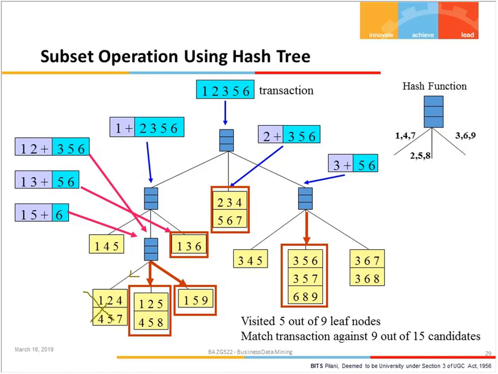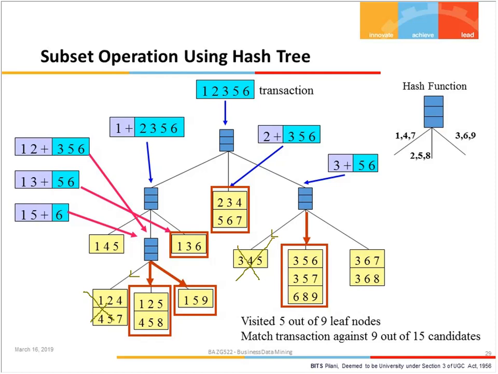Then 3, 5, 6 we come this side, so this need not be done because 5, 6 cannot come into this branch, because only 4 or 7 can come this way. Then this branch we have to come because 5 is occurring, so this branch is potential, but it is 5 and 6.